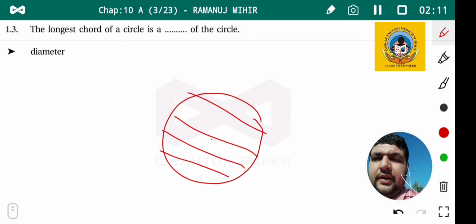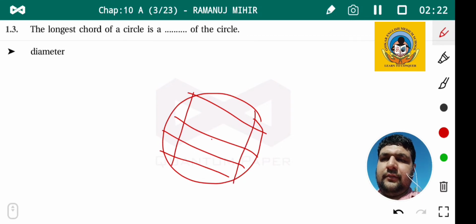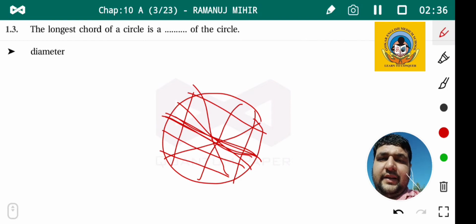So it will be the diameter of the circle. You can see more chords: this is a chord of the circle, this is a chord of the circle, but the longest chord will be the diameter of the circle. If you draw in this manner, the chord which is the longest in size will be the diameter of the circle.